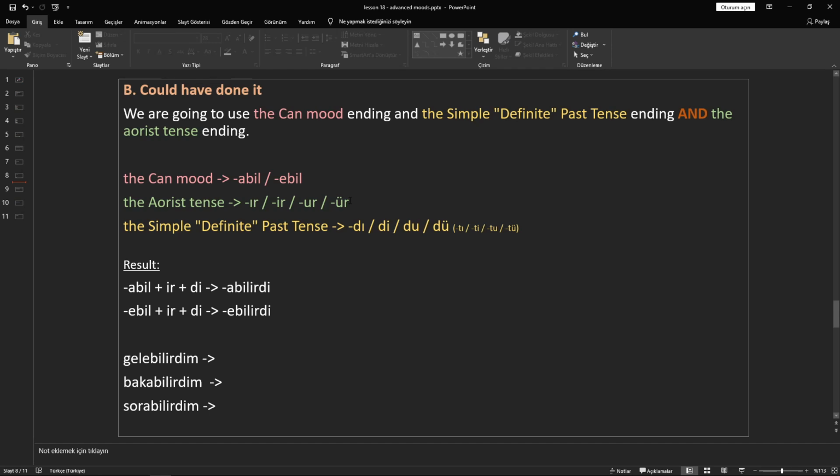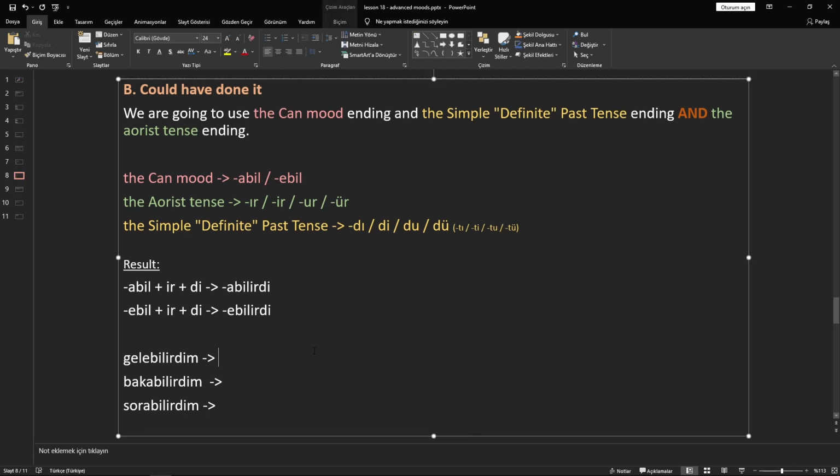So the result is abilirdi, yapabilirdi, gelebilirdi, sorabilirdi. So this is again about something that you were able to do but you didn't do it.